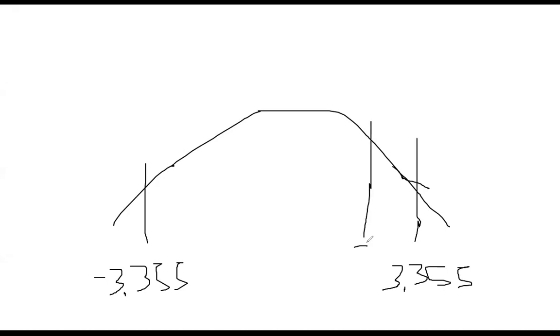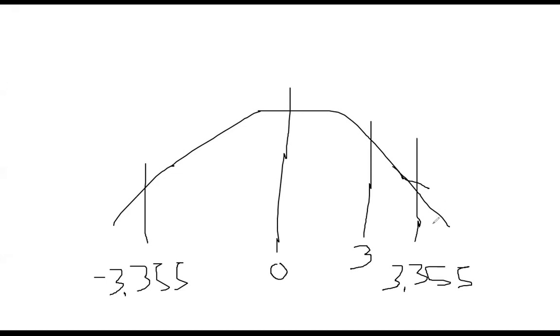Our critical boundaries are going to be minus 3.355 and positive 3.355. And our calculated t for this example is 3. The middle of the distribution would be a t equals 0. And so you notice that 3 is not in the critical region.